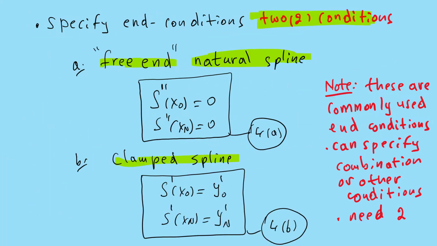To fully determine the spline, we need to specify two conditions at the endpoints, because to make it a determined system, we need to define these two conditions at the end points.